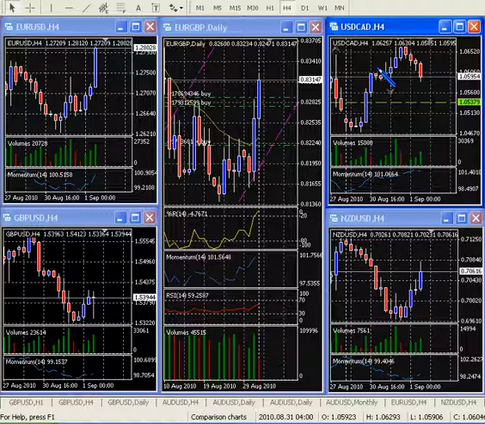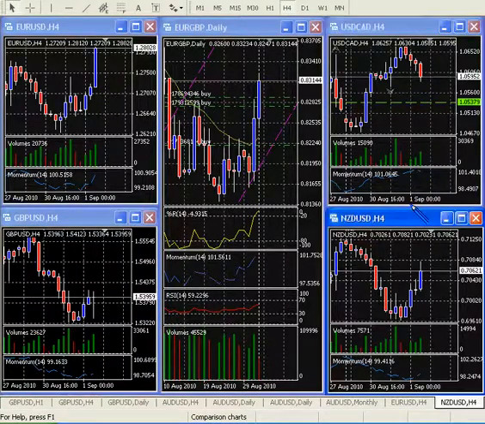As long as this consolidation of the support price level does not go down, the extension that we may see would be around 1.05, even 1.0510, around this area, where it may try to correct together with the New Zealand dollar.